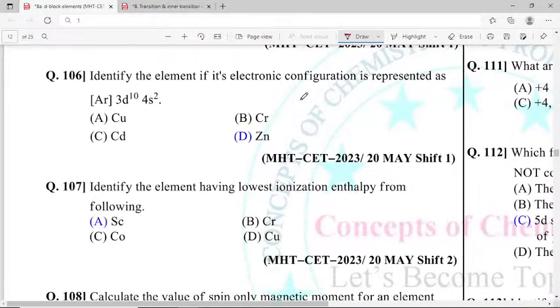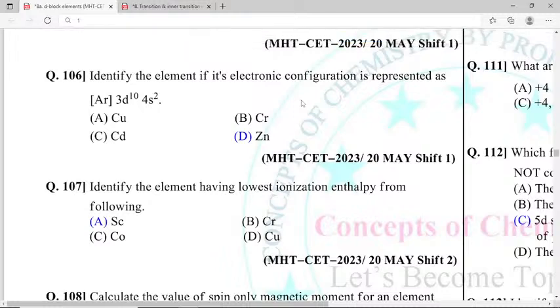Identify the element if its electronic configuration is represented as 3d10 4s2.